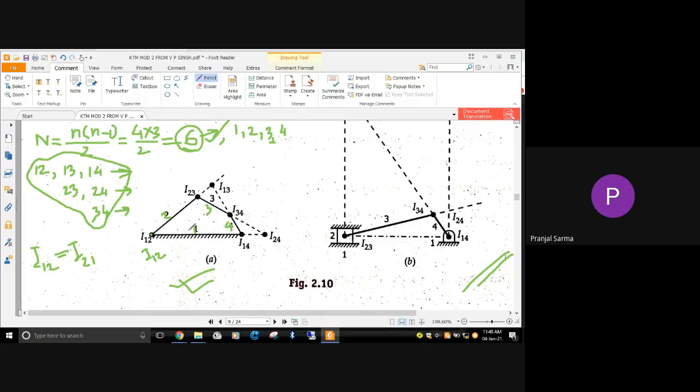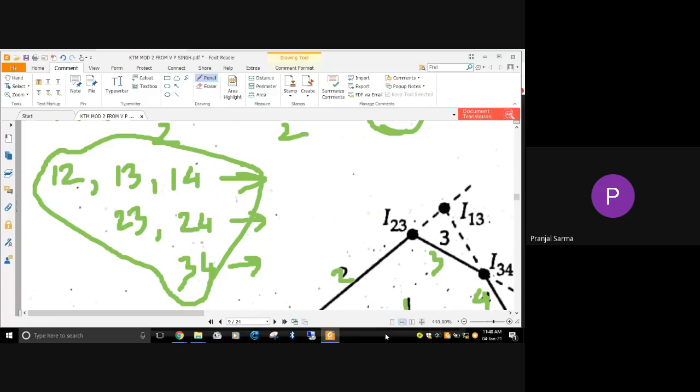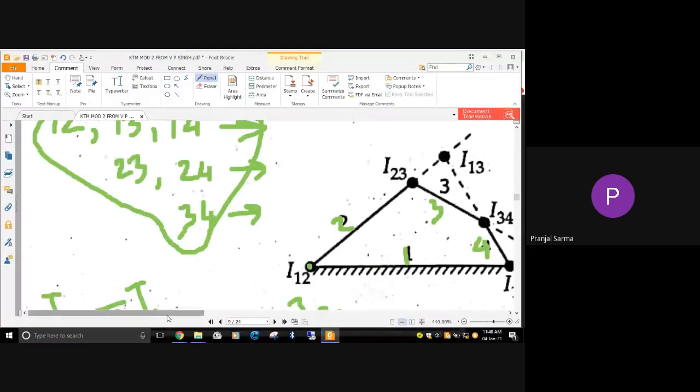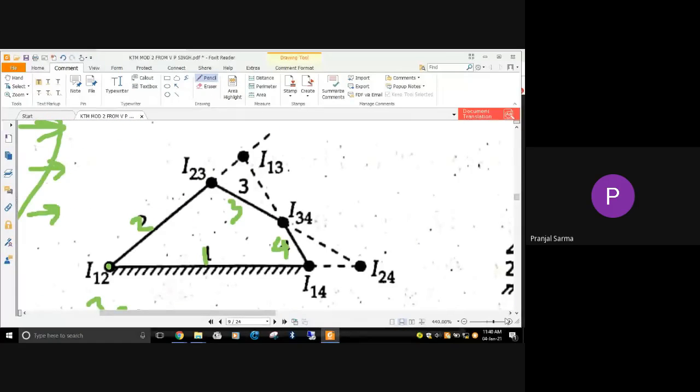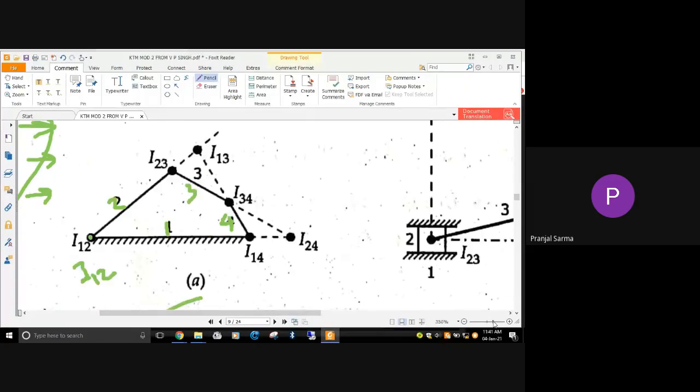So this is one and two, and in between them it is I12. Similarly, we can very easily locate the one between two and three. It will be I23. Already it is written I23.